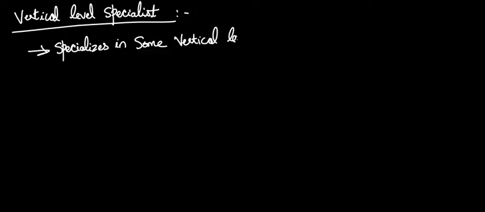The next type of market niche is vertical level specialists. The vertical level specialist. In this type, the firm specializes in some vertical level of the production or distribution chain, or both.